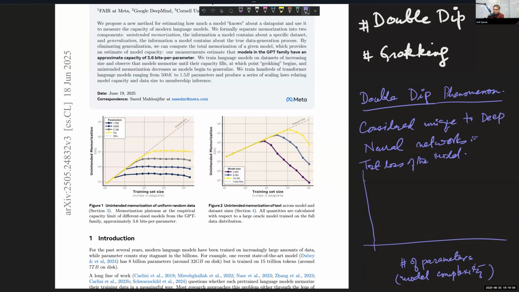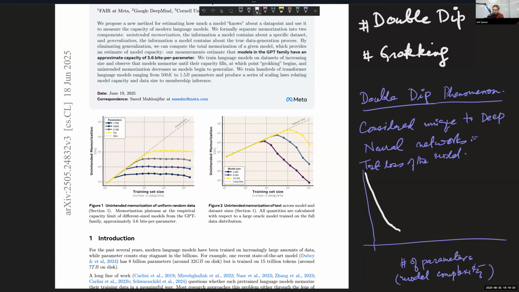Then what you observe is that in the beginning, you will have the model with very high loss because it is too biased.